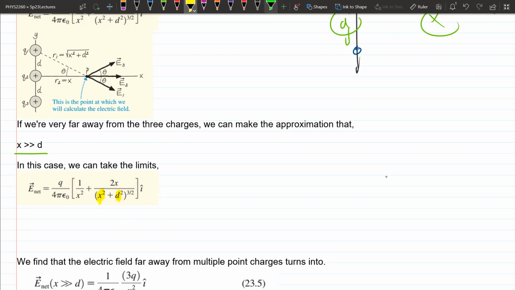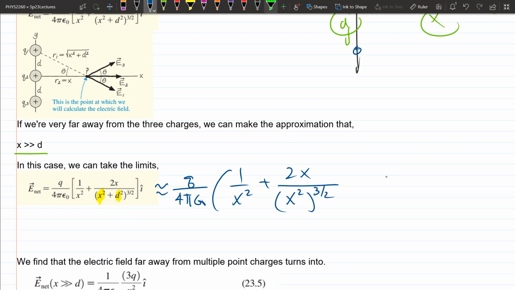So when you do this, you get approximately q over 4 pi epsilon naught, 1 over x squared plus 2x divided by x squared plus something small, but you don't care about that, to the 3/2 power. When you take a power to a power, you multiply them together, so 2 times 3/2 is basically 3.